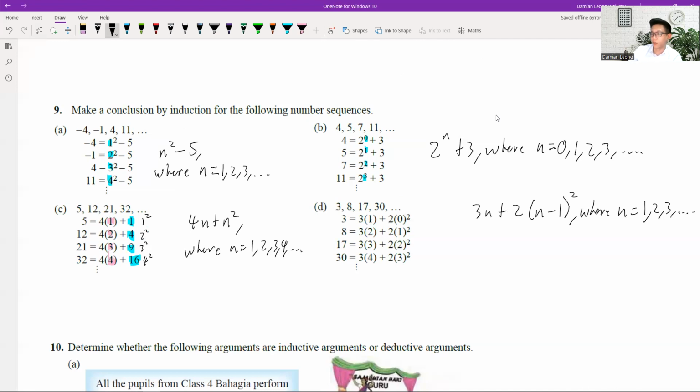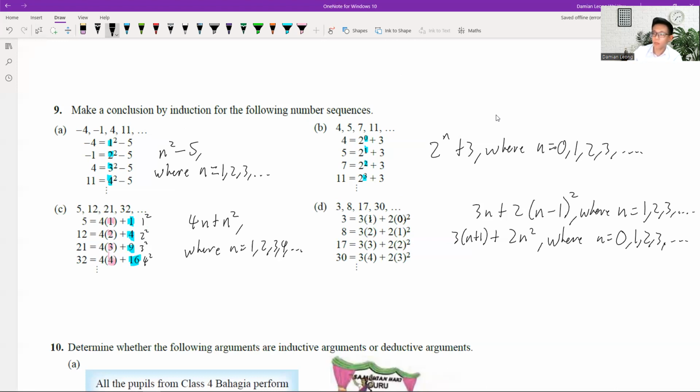Or you can also put the 0, 1, 2, 3 as n, meaning 3 something plus 2n square. This is one number more than n, so it's n plus 1. So 3 bracket n plus 1 plus 2n square, where n starts from 0 instead of 1: 0, 1, 2, 3, and so on.